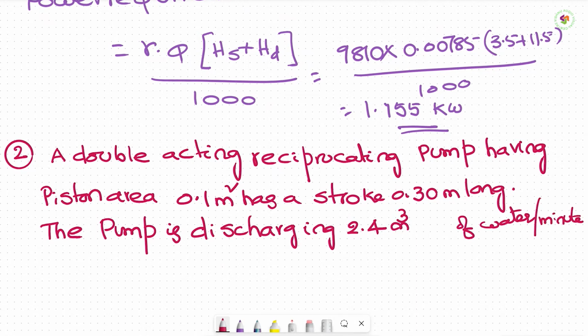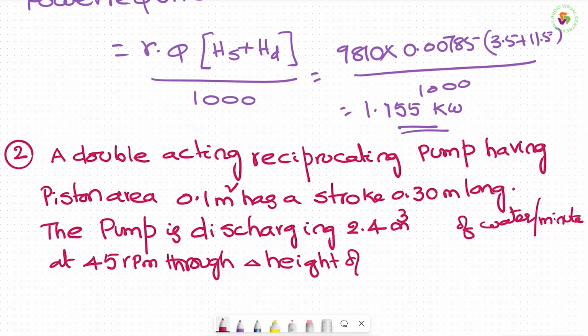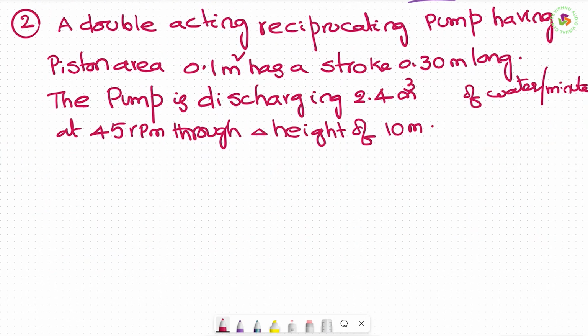They have given this in minutes. At 45 RPM, through a height of 10 meters. That means total height, he has given HS plus HD.